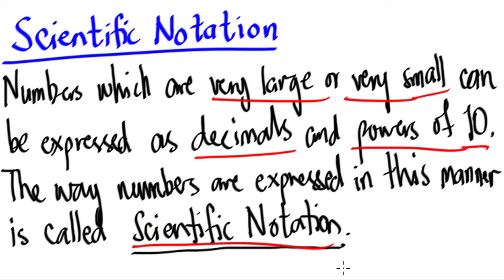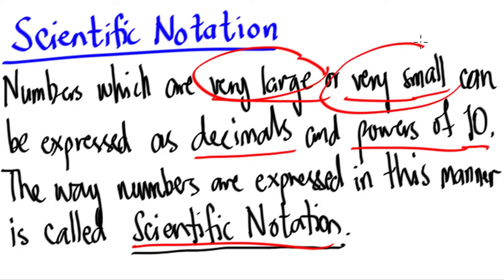Again, very large numbers and very small numbers. We call it scientific notation because usually in science we don't see numbers as they are when we talk about celestial bodies, the planets, the stars. They are often very large, so writing them can be quite tasking. So we find ways to make them shorter to write.